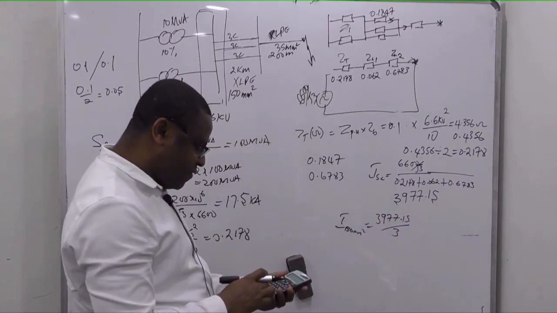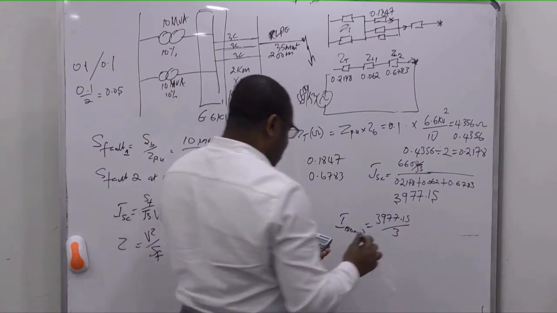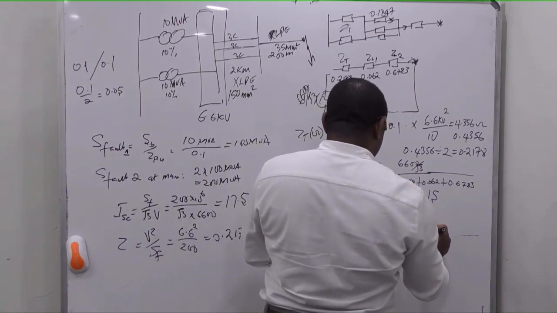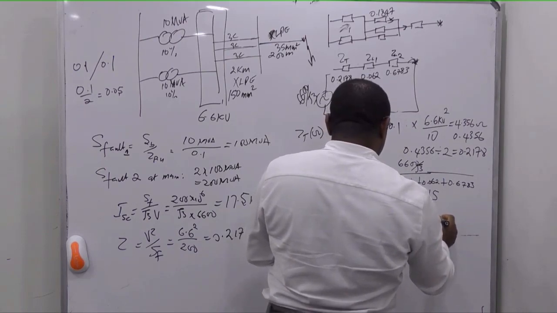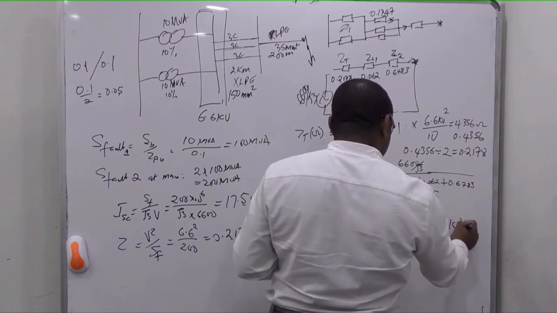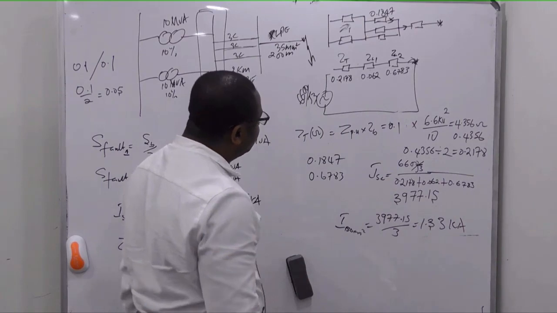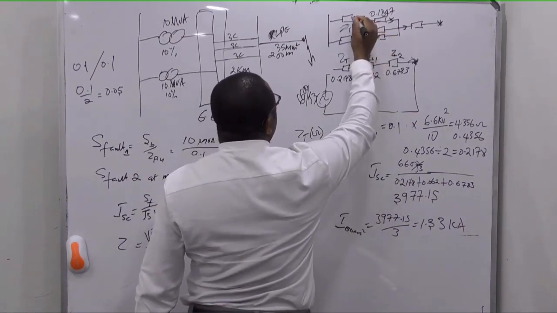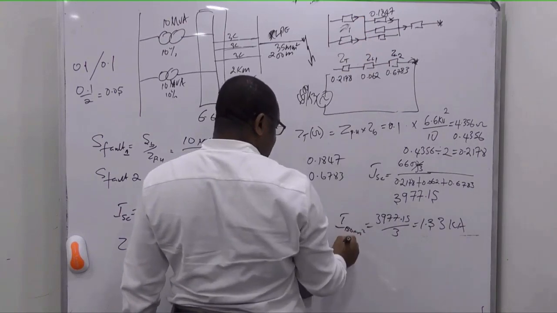I get 1.333 kiloamps. That's how much will flow through each of these. How much will be coming from each transformer?